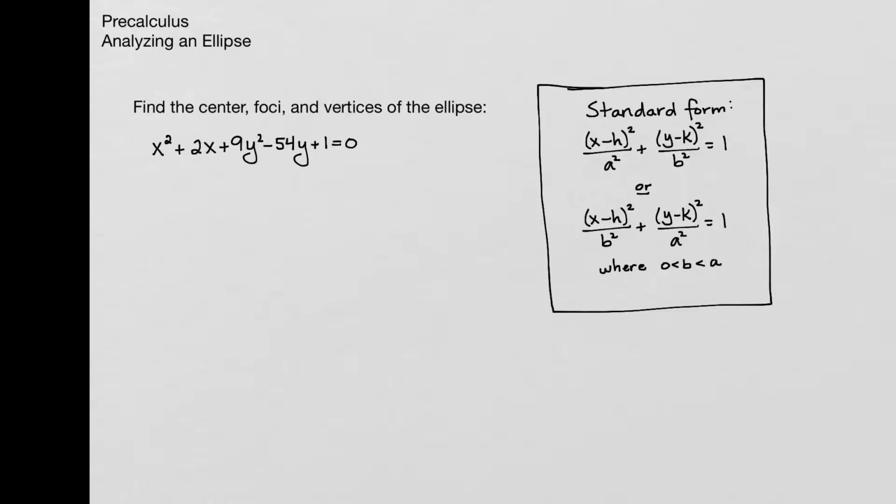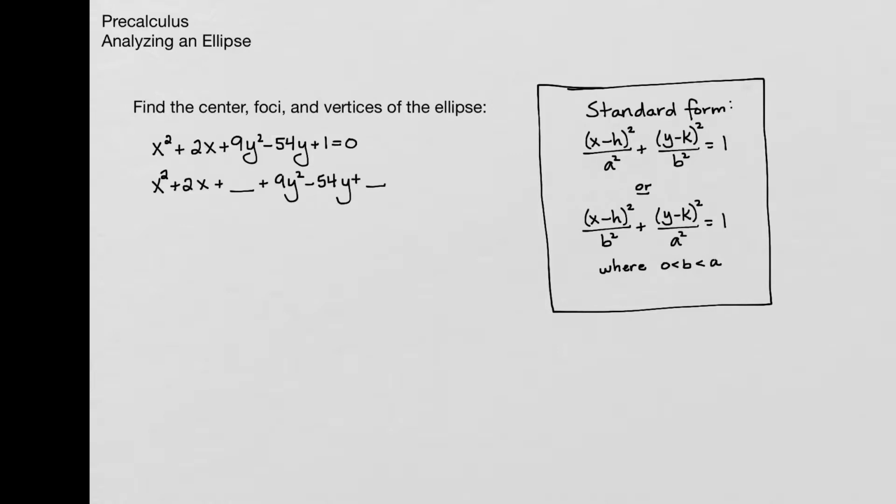So, in order to do this, I need to use the technique of completing the square. I'll start by rewriting, putting my x terms together, and then leaving a space. And then I'll put my y terms together, and again leave a space.